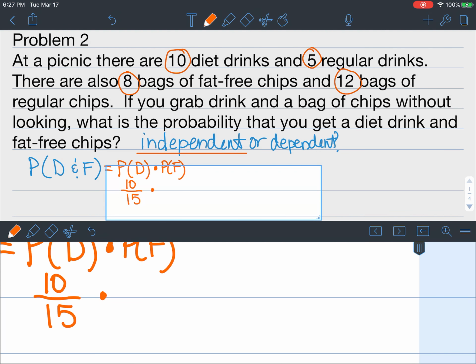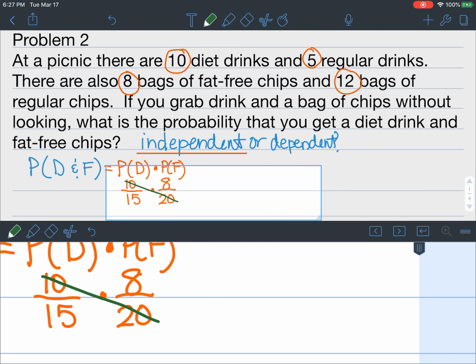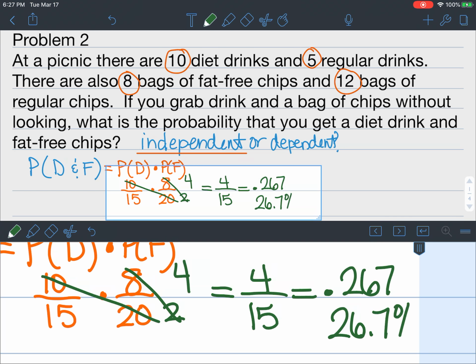So the probability of choosing fat-free chips would be 8 over 20. Because these are independent events, you would simply times these together. You can make that a 2. You could make that a 4. We have 4/15, which is about 0.267 or 26.7%.